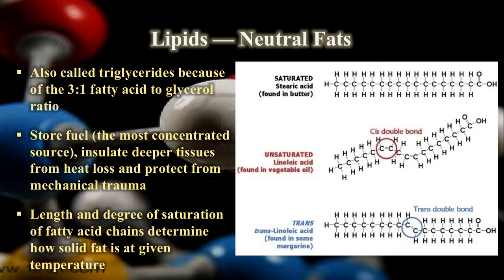That is a saturated fatty acid, or fats that are made up of saturated fatty acid. Meats that have nice marbling, that marbling is saturated fat. So saturated is straight chains, solid at room temperature.